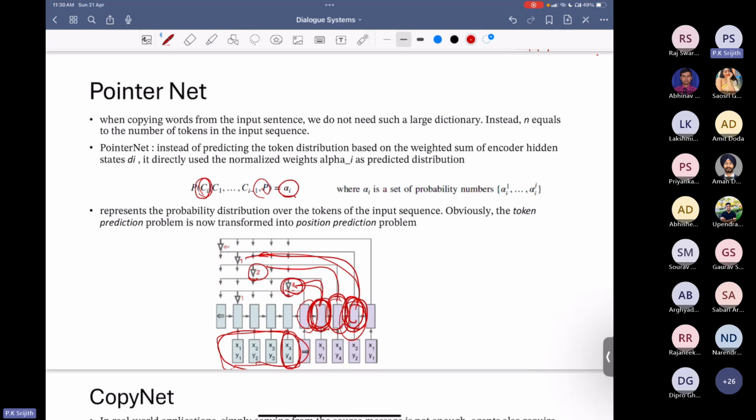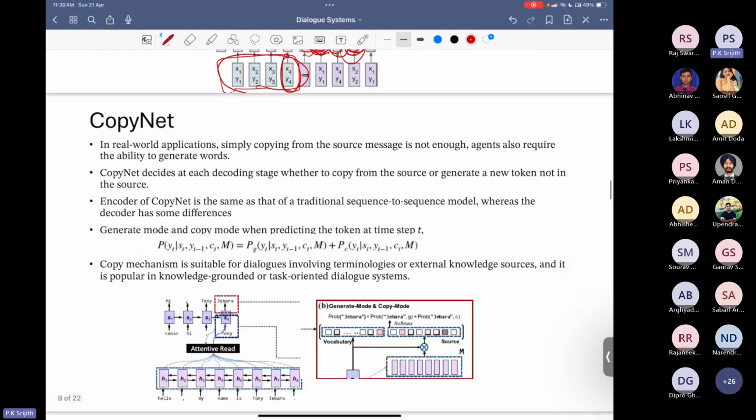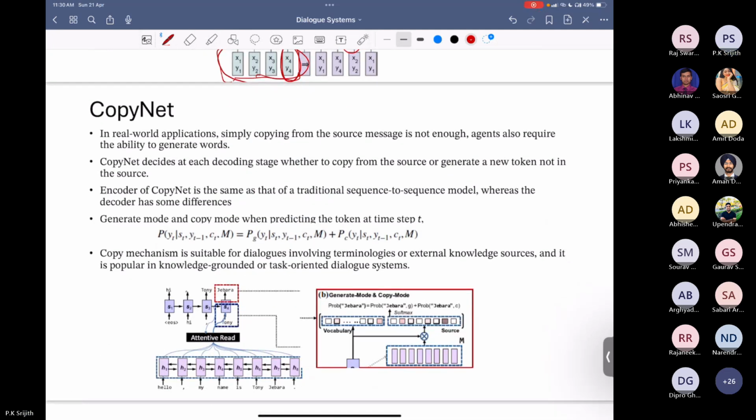But you want to, of course, generate words which are outside the words in the input. And to address this, people proposed something called CopyNet, which also has this ability to generate words. So what it does is that at each stage of the decoding, it decides whether to copy a word from the source input that the user has provided or generate a new token which is not in the source.